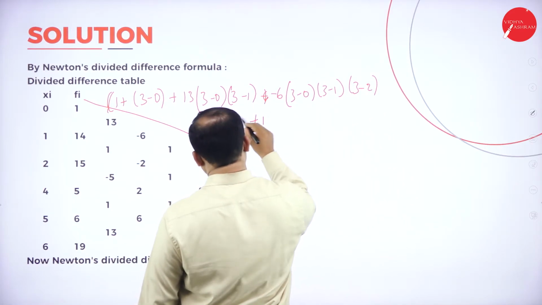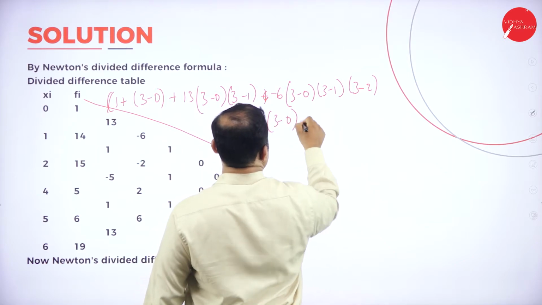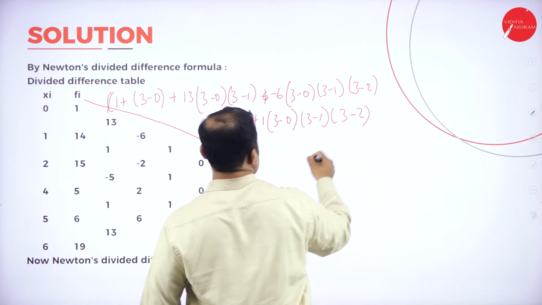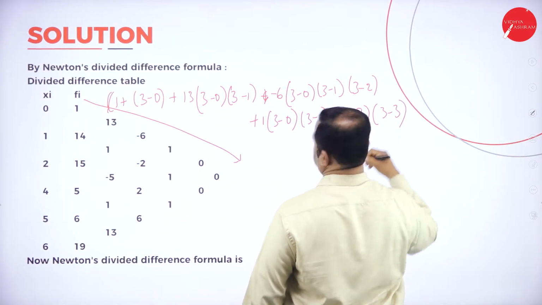Plus 1 into 3 minus 0 into 3 minus 1 into 3 minus 2 into 3 minus 3. That is the value.